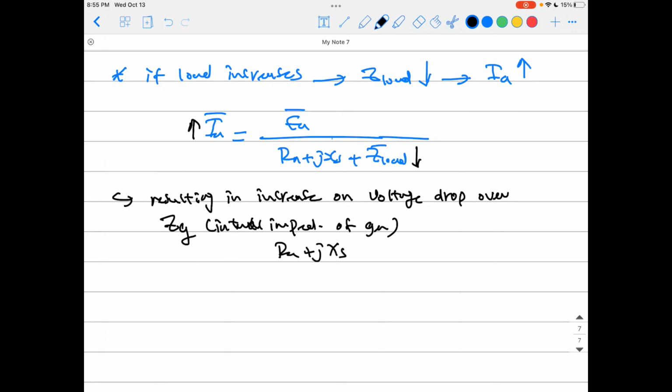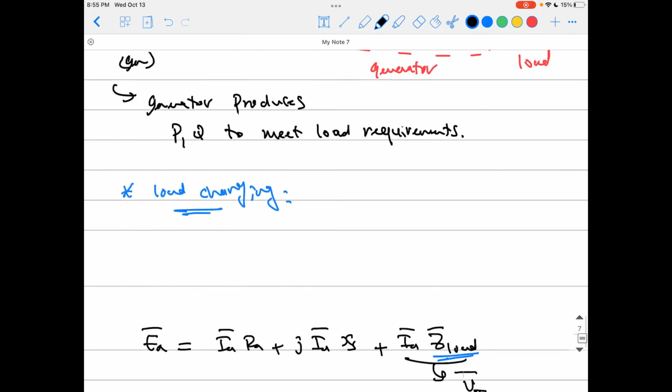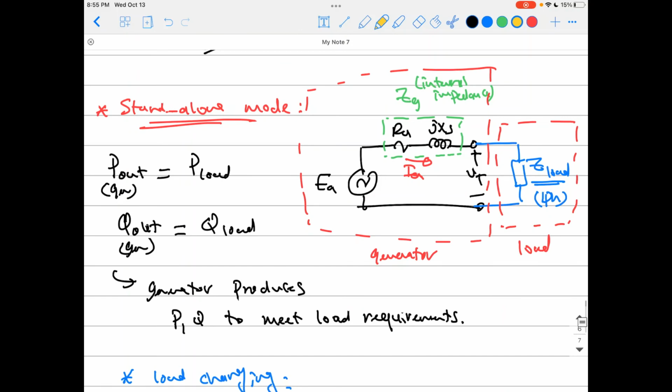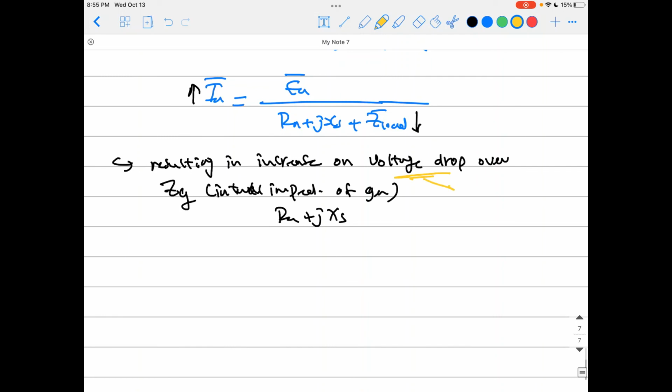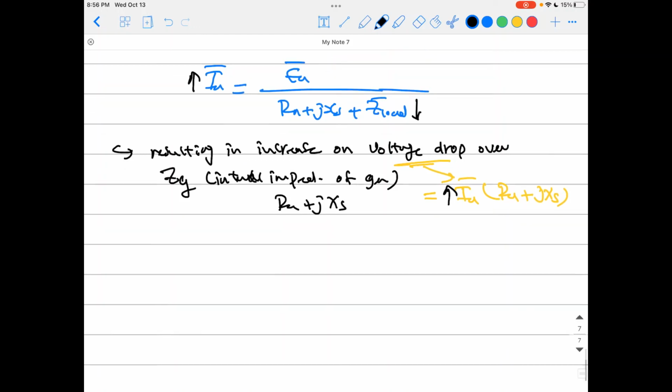You have an electric circuit here. What happens if this current IA increases? The voltage drop over this impedance RA and jXS will also increase, because this voltage drop equals IA multiplied by the internal impedance RA plus jXS. So with the increase in this current, this voltage drop goes up.